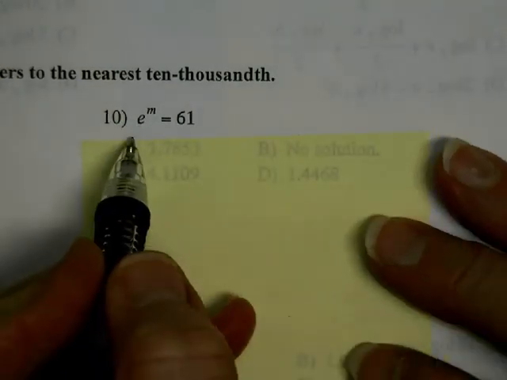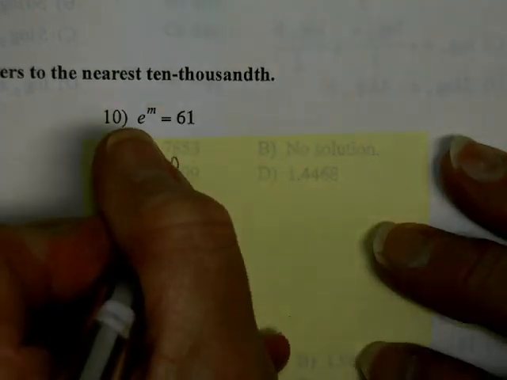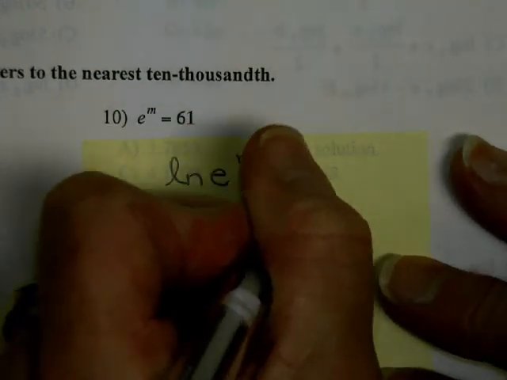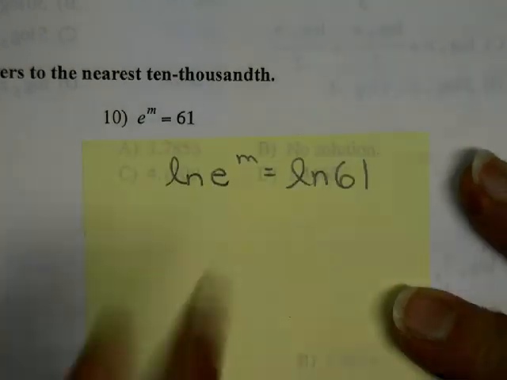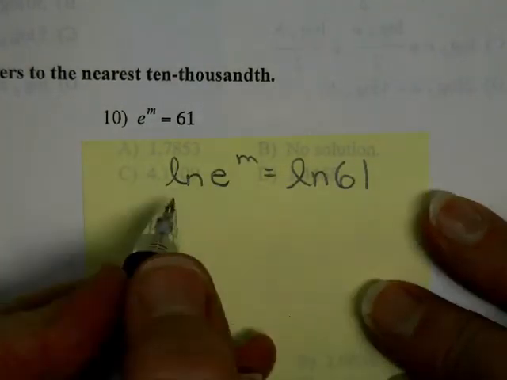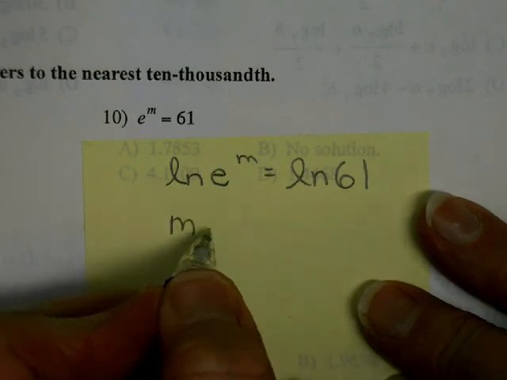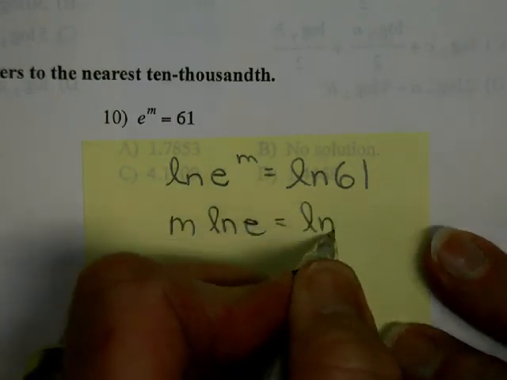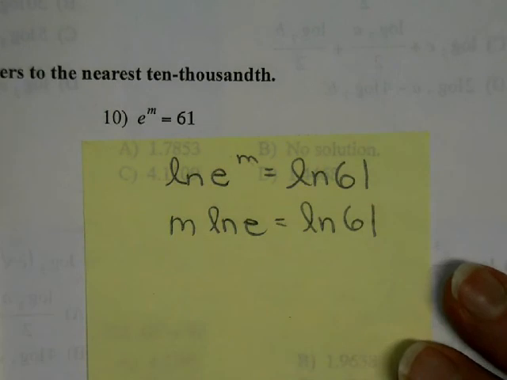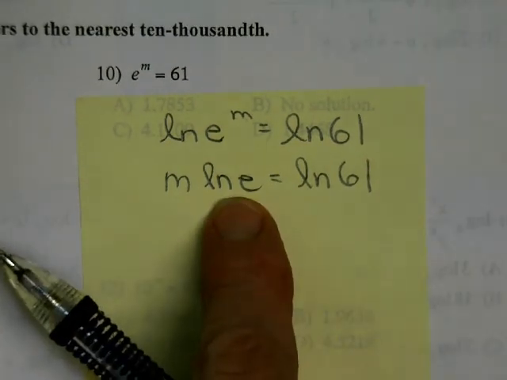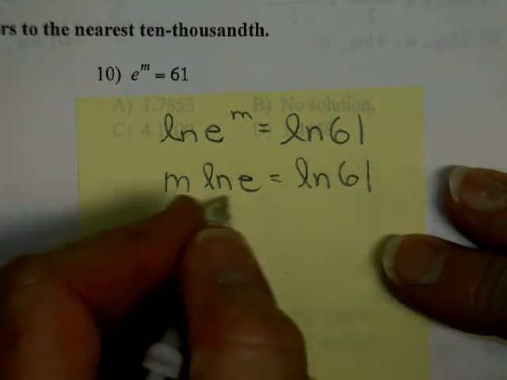Okay, this is a different base, so we won't have the same answer. Remember, with e as the base, natural logarithm is the smarter move. But if you didn't remember that, you could still use log. No harm, no foul. M becomes the multiplier. You read my alphabet there.